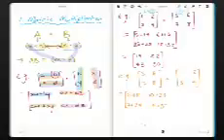So that equals, well, we got 5 plus 18, 23. 10 plus 24 is 34. This is 31, and this is 46.